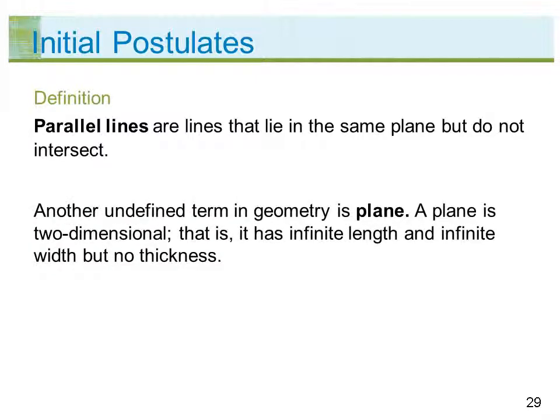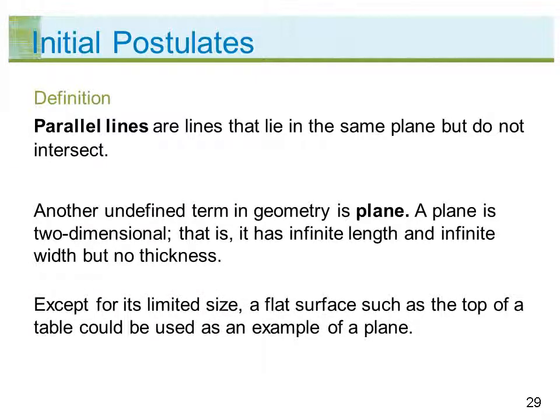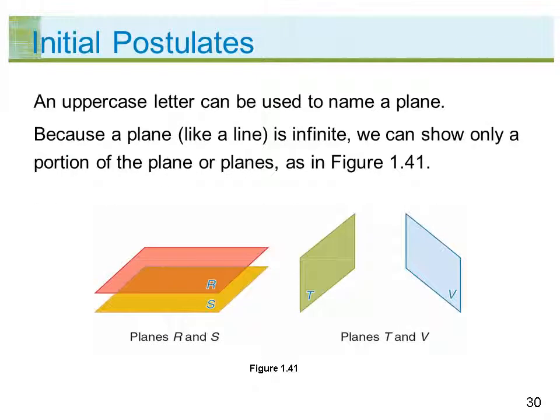Another undefined term in geometry is plane. A plane is two-dimensional. That is, it has an infinite length and infinite width, but no thickness. Except for its limited size, a flat surface, such as the top of a table, could be used as an example of a plane. An uppercase letter can be used to name a plane.